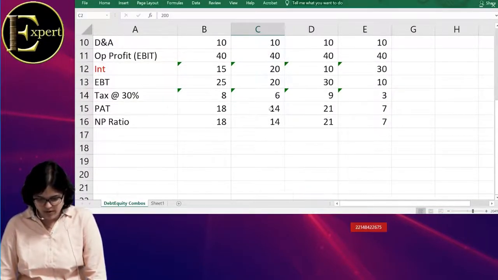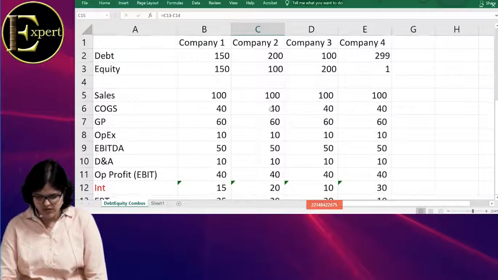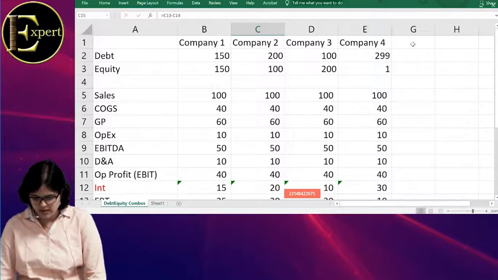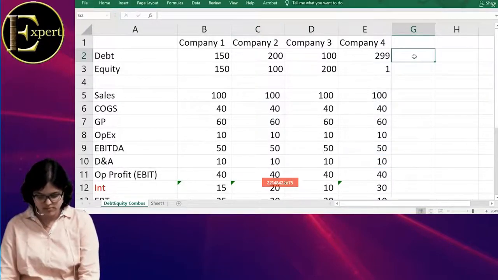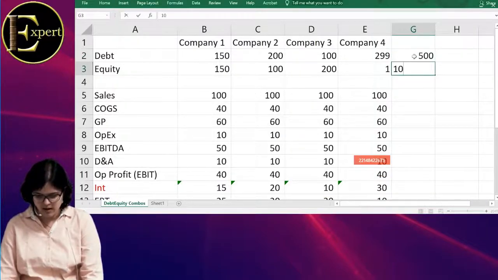You are having a good profit of 14. Still that's not that bad for 2:1. So let us try one more point of 5:1. 500 is debt and 100 is equity.